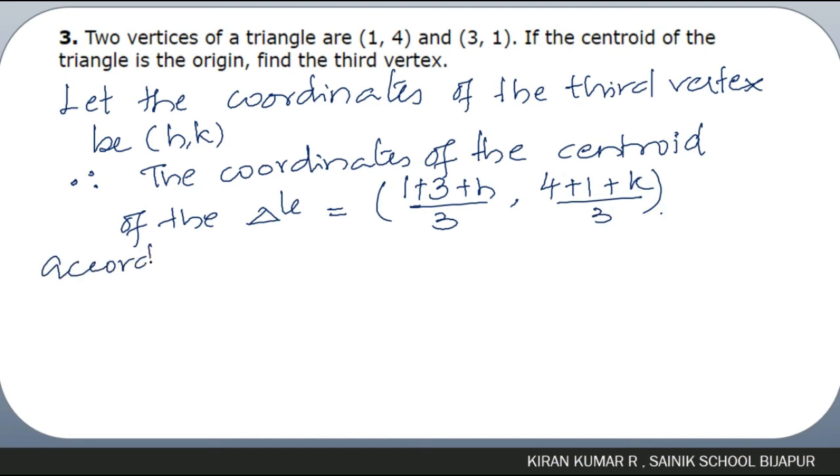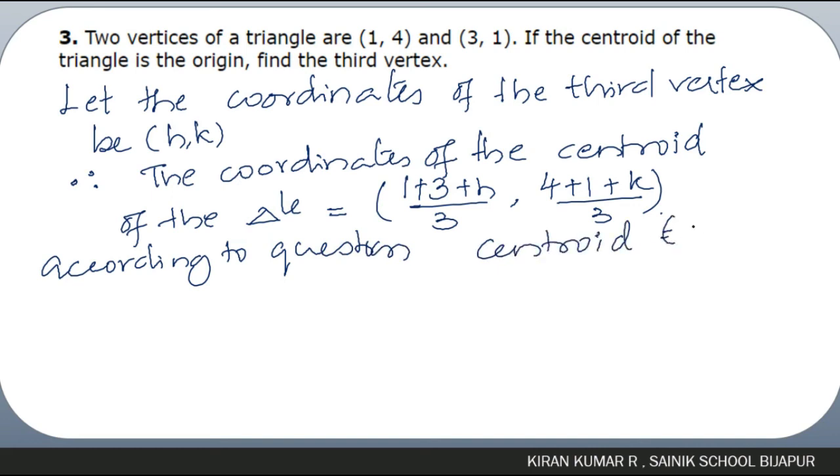According to the question, centroid is the origin, so 0 comma 0 should be taken and equated.